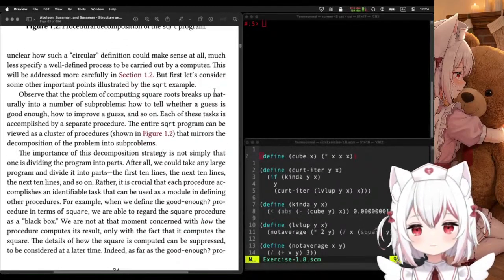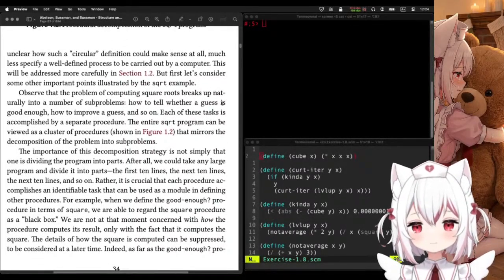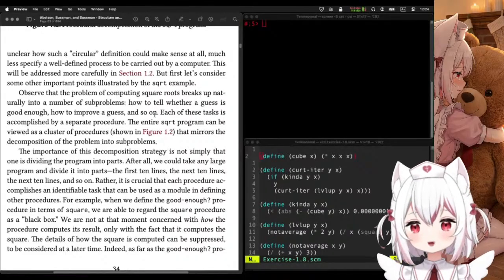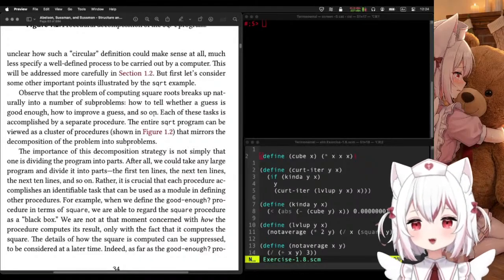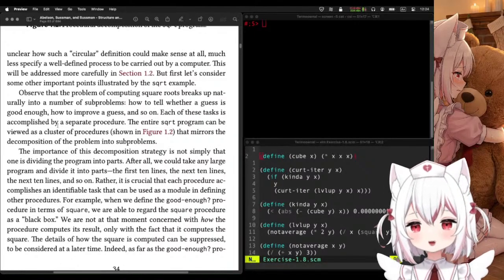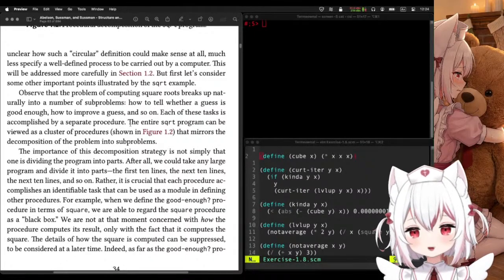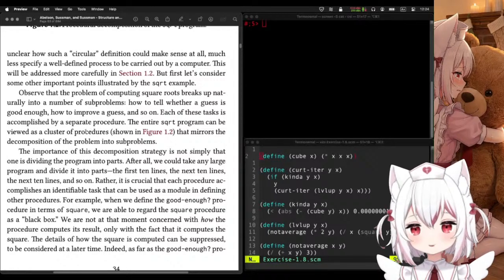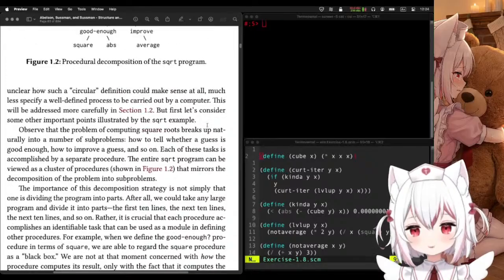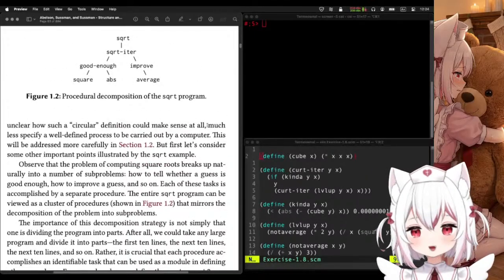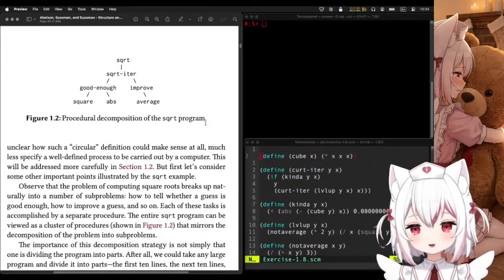Observe that the problem of computing square roots breaks up naturally into a number of subproblems: how to tell whether a guess is good enough, how to improve a guess, and so on. Each of these tasks is accomplished by a separate procedure. The entire square root program can be viewed as a cluster of procedures, shown in figure 1.2, that mirrors the decomposition of the problem into subproblems.